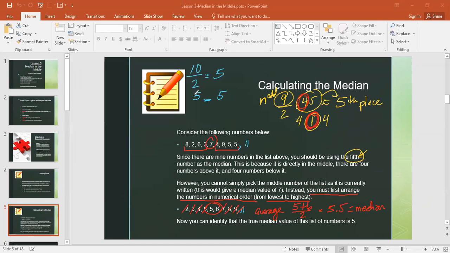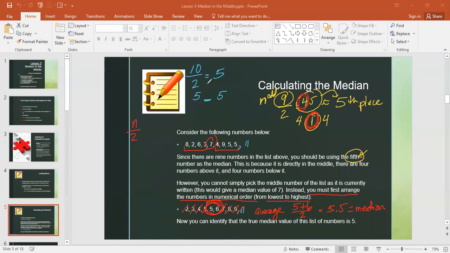That's going to be 5 above, 5 below. You're not going to have anything left in the middle. So you're going to end up having to average your two values. Okay. So an easy way to find that middle placement, that middle number.